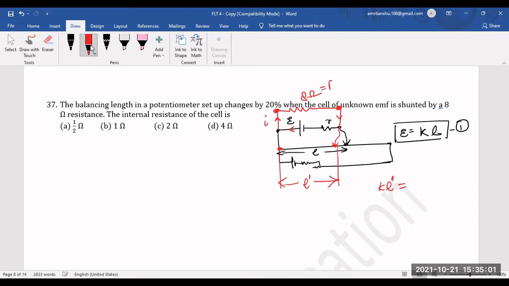Let's say this is equal to capital R. It will be I into capital R, where I is E upon R plus capital R. Now E we know from here is K times L, correct? So if I put K L dash equals K times L into R upon R plus R, okay? So from here, what do we get?